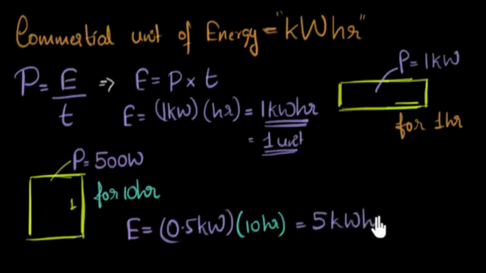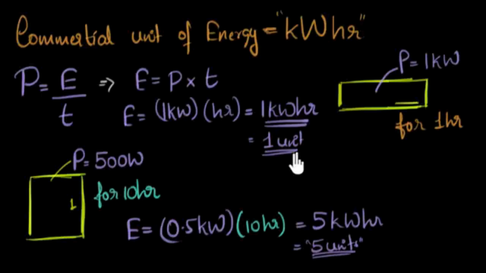We'll just call it 5 units. So commercially speaking, people will say, in this scenario, your refrigerator has consumed 5 units of energy. Over here, we would say our air conditioner has consumed 1 unit of energy.